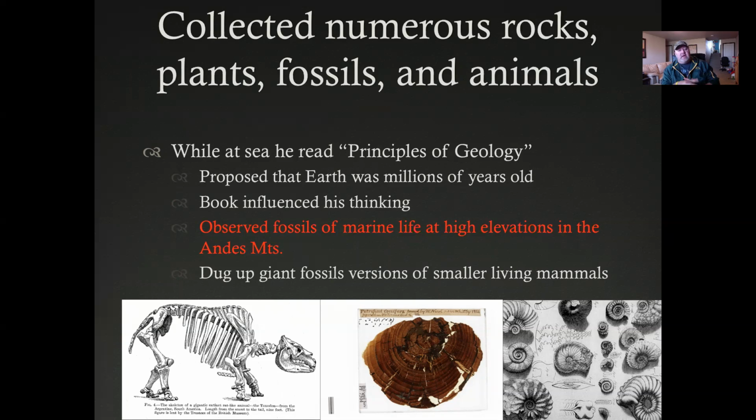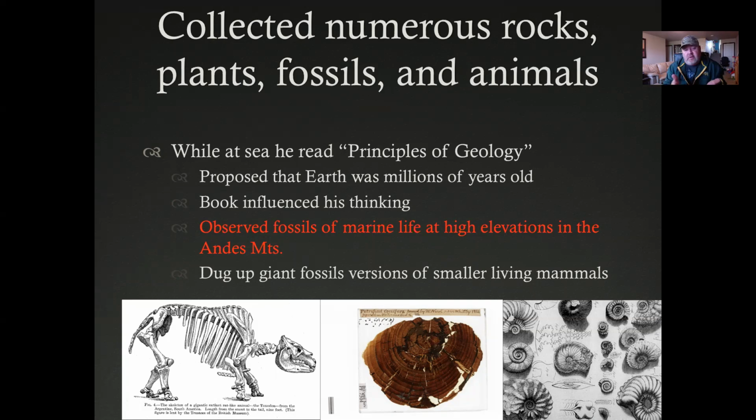And while he was on his trip on the Beagle, he started noticing things like he found fossils of aquatic organisms up in the mountains. Other things that he noticed was that some of the fossils that he was digging up were larger versions of existing organisms.